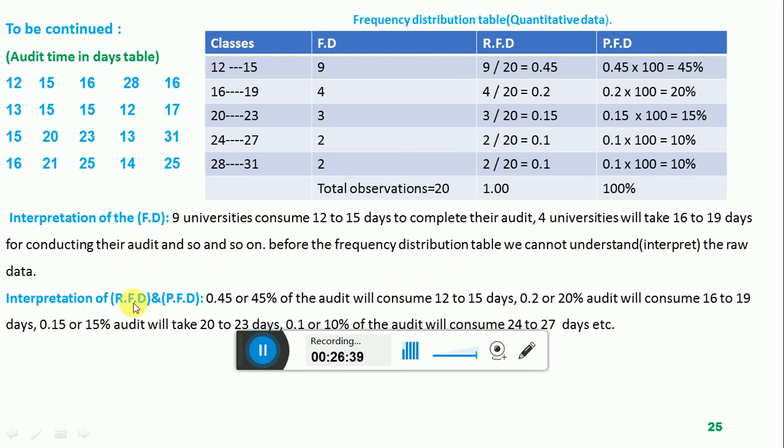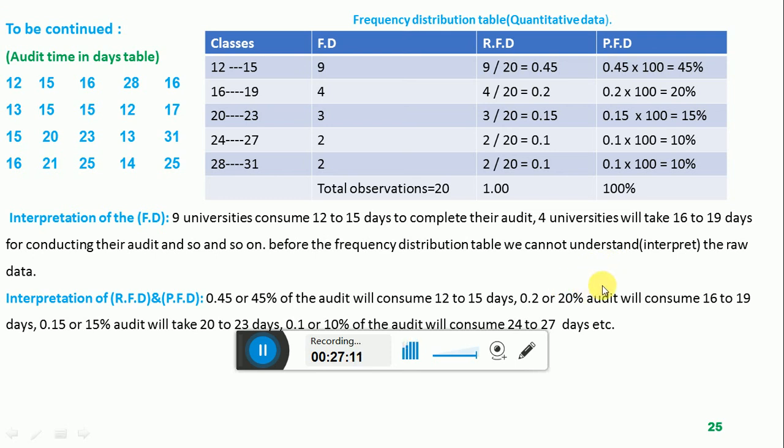Now we are interpreting the relative frequency distribution and percent frequency distribution. From this column, the third and fourth, relative frequencies are also clear, and percent frequencies are also clear. The interpretation is this: for the first class, relative frequency and percent frequency mean 0.45 or 45% of the audits will consume 12 to 15 days. 0.2 or 20% of the audits will consume 16 to 19 days.